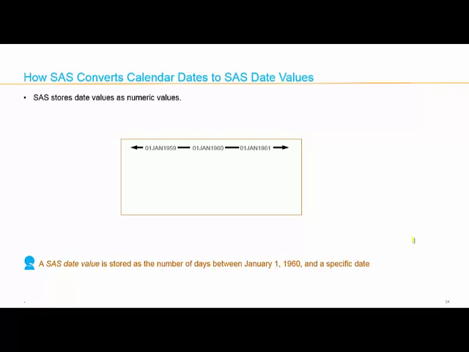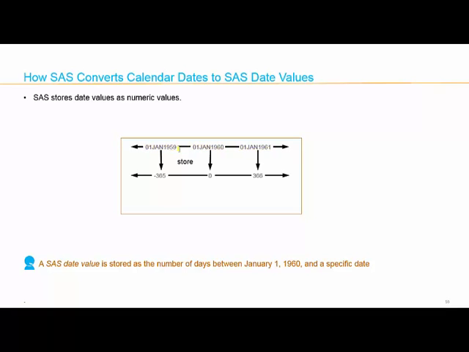For example, when I try to import a value such as 1st Jan 1960 into the SAS system, or when I assign 1st Jan 1960, or 1st Jan 1961 or 1st Jan 1959, to a date variable, how is SAS going to store this value in the SAS table?